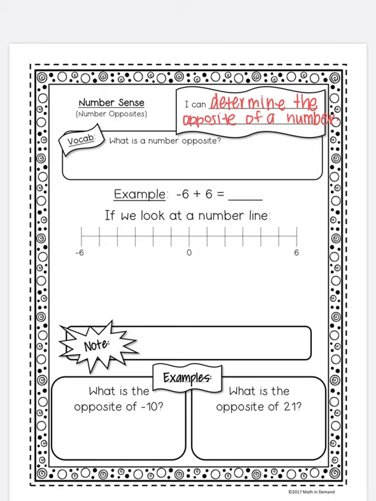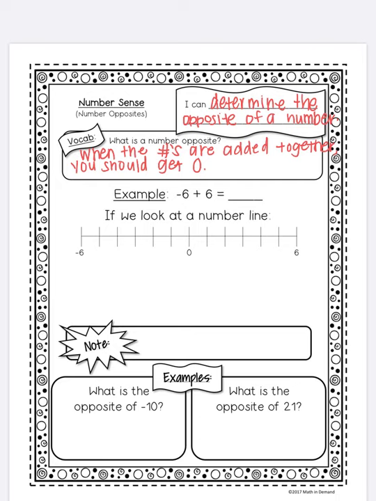Here's the best definition you can have: when the numbers are added together, you should get 0.